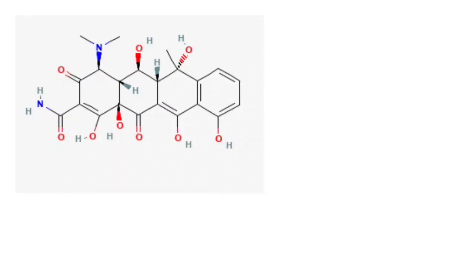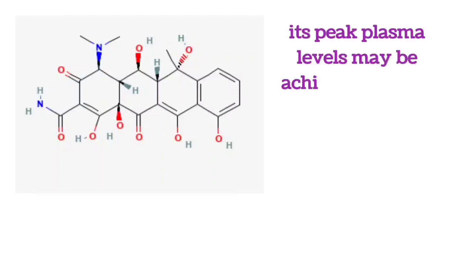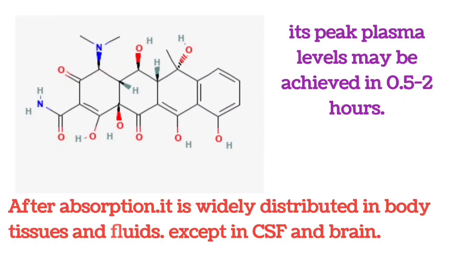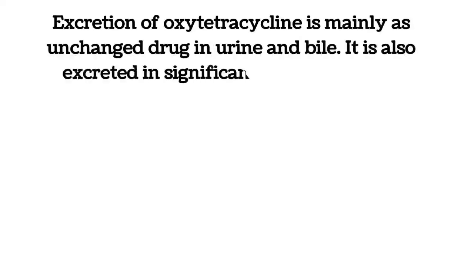After absorption, it is widely distributed in body tissues and fluids, except in CSF and brain. Excretion of oxytetracycline is mainly as unchanged drug in urine and bile. It is also excreted in significant amount in milk.